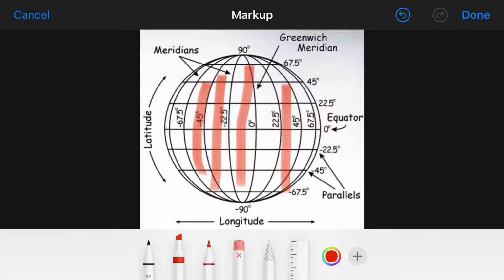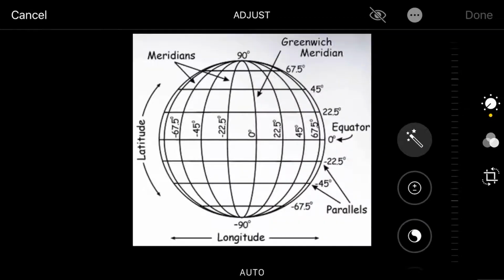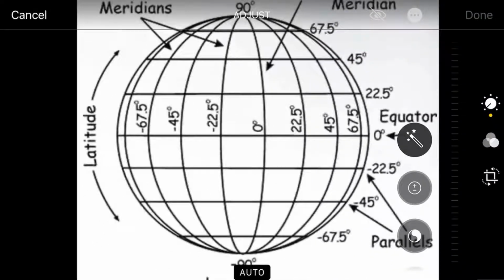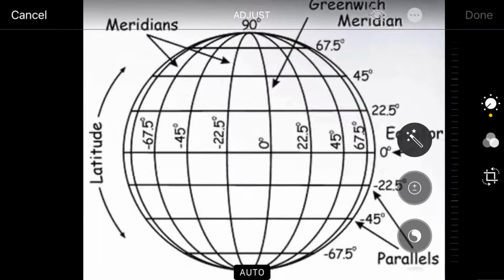Now you can see some degrees are given. The 0-degree longitude is called the prime meridian, and it divides the earth equally.